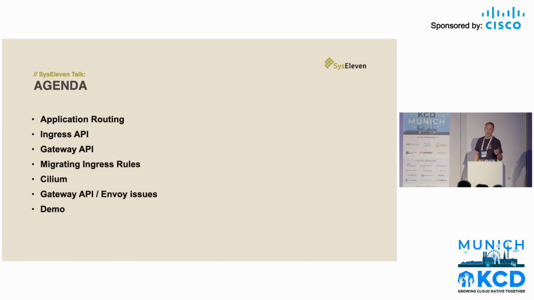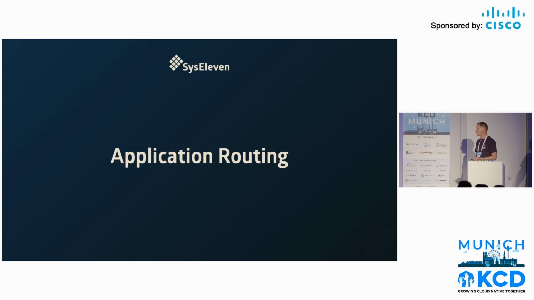And a bit about Gateway API and Envoy issues that I encountered during setting up this demo. As I said, not everything is GA or production ready. It depends probably who you ask, but I would definitely say I would not use all of this technology in production yet. And at the end, I'll show you a short demo about how Gateway API works.